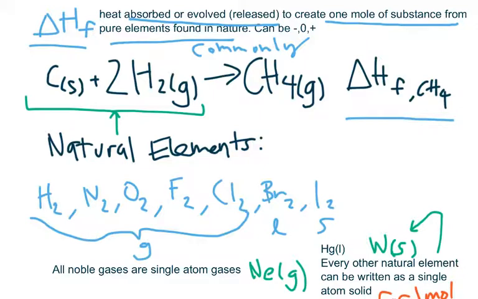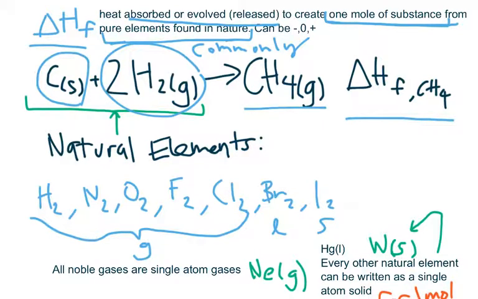So the reaction must describe something that creates 1 mole of substance from the pure elements found in nature. So in this example, carbon solid, commonly found in nature, and H2 gas, which is the natural form of hydrogen, combine to form 1 mole of methane. So that's how you write the ΔH of formation.